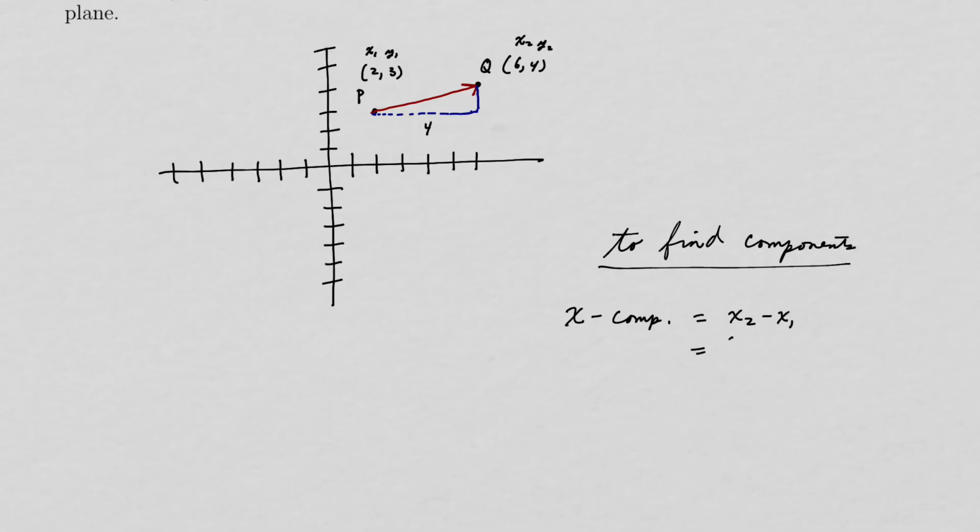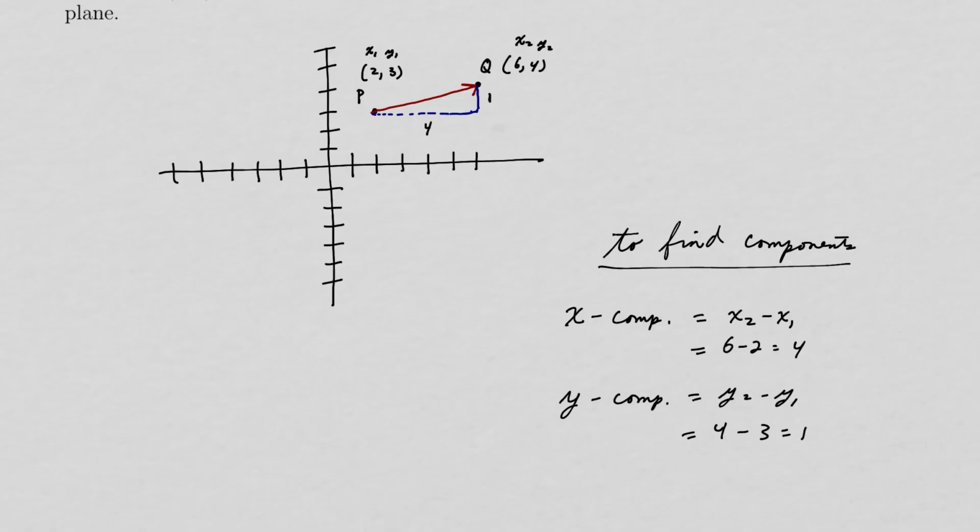So that's going to be 6 minus 2, which is 4. And then for the y component, I want y2 minus y1. In this case, that's 4 minus 3, which is 1. Or from the picture, we can say that it goes over 4, up 1. That'll be the vector.